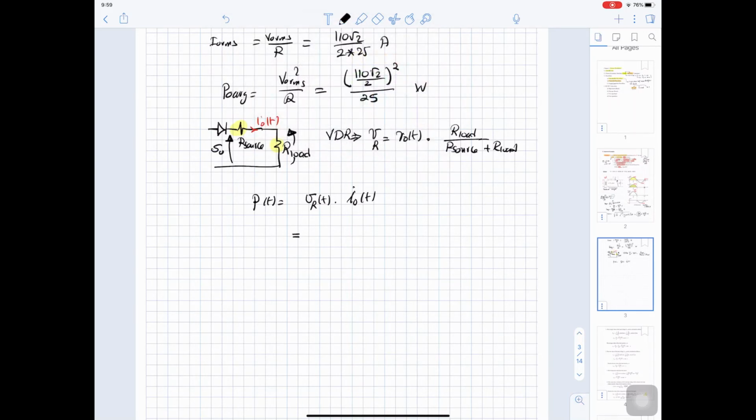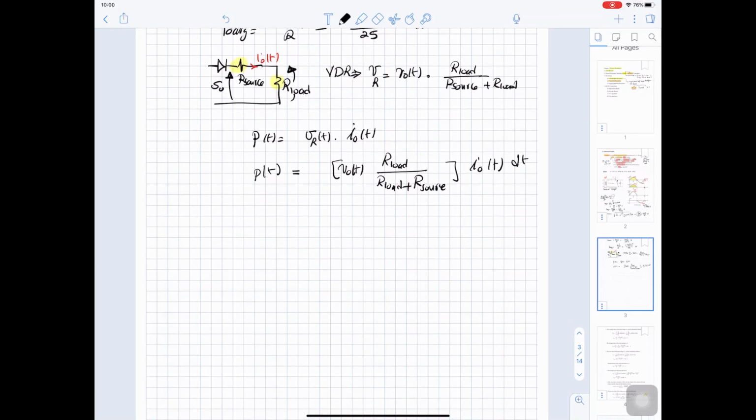So V of the resistance is V out multiplied by R load divided by R load plus R source, multiplied by I out of T, and this is P of T. So this is the power as a function of time.